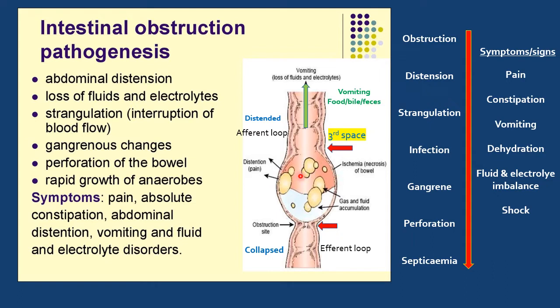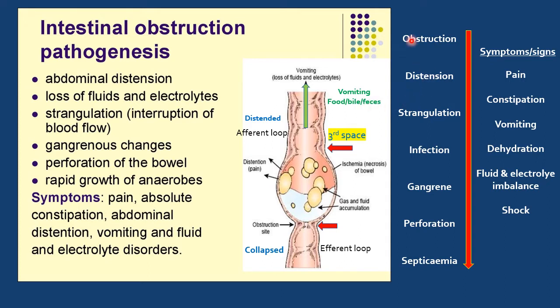With this accumulation of fluid and gases, the pressure within the lumen increases dramatically, and this pushes the contents out forcefully, which accounts for the vomiting of this patient, resulting in loss of fluid and electrolytes. So in these patients, the abdomen becomes distended, and there's vomiting of food, bile, and feces.